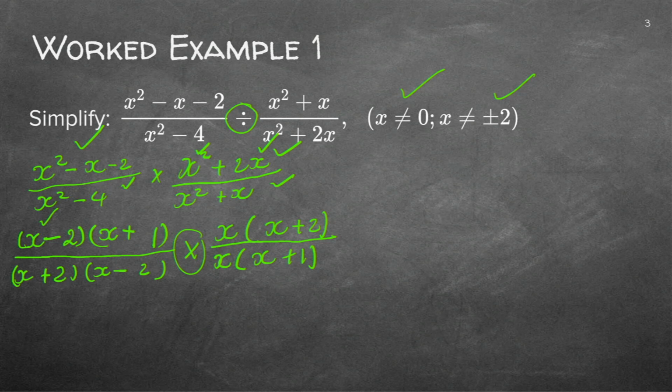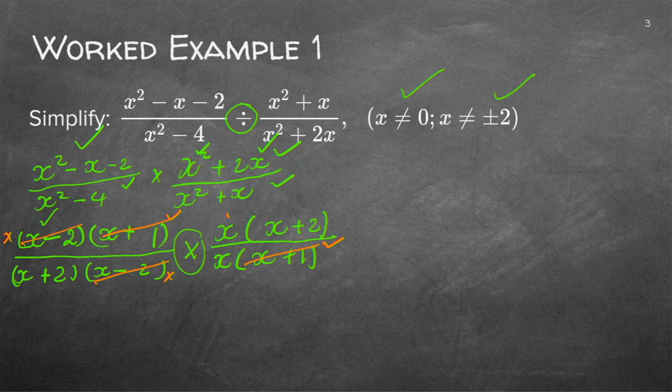I have x minus 2 there and I have x minus 2 there. Once it's a numerator and a denominator, you are allowed to divide them out or cancel them out. And now let's look for x plus 1. I have x plus 1 there. If it's a numerator and a denominator, I am allowed to cancel them.